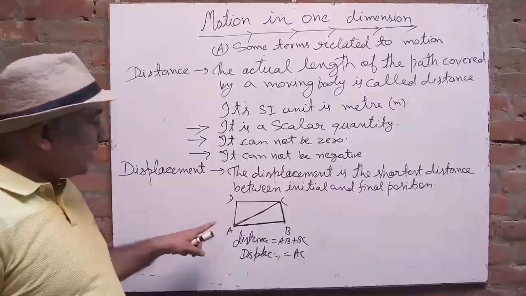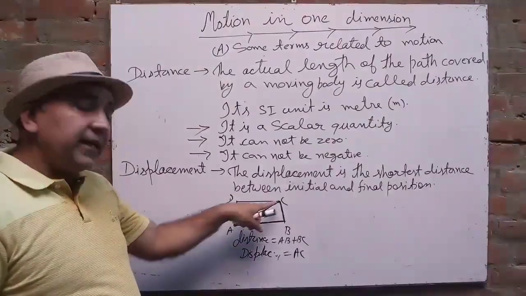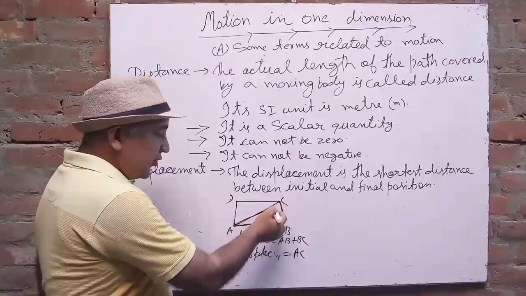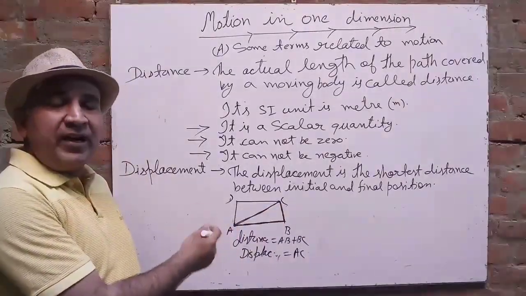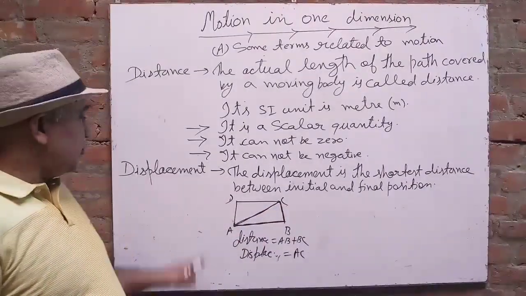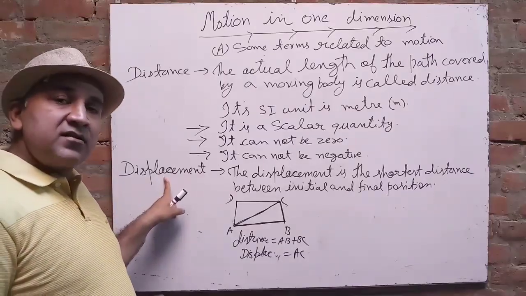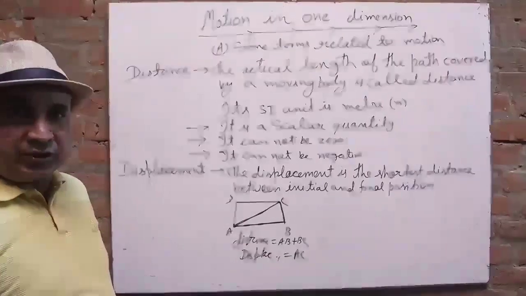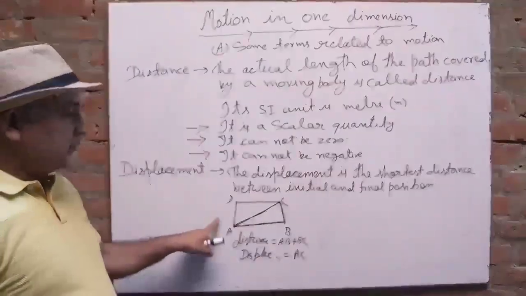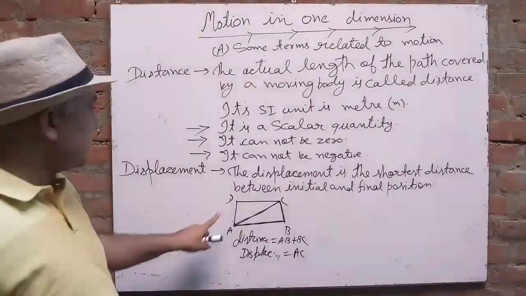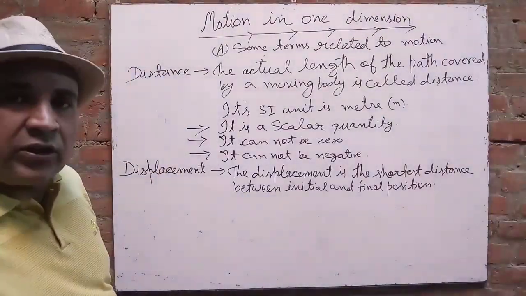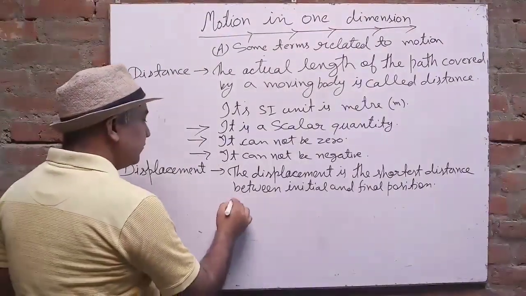And you are watching that displacement is depending upon the path, because we have to take the shortest distance, so a specified direction is also fixed. So you can say that displacement is the distance covered by the body in a specified direction. Is this clear or not? That is the difference between distance and displacement. Its SI unit is also meter.